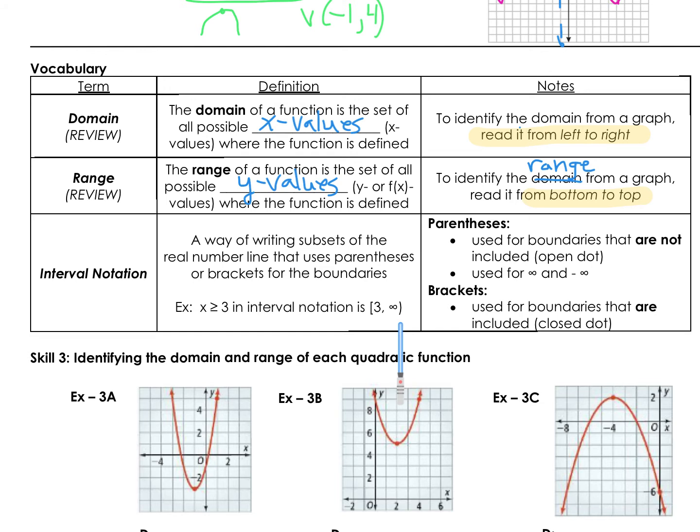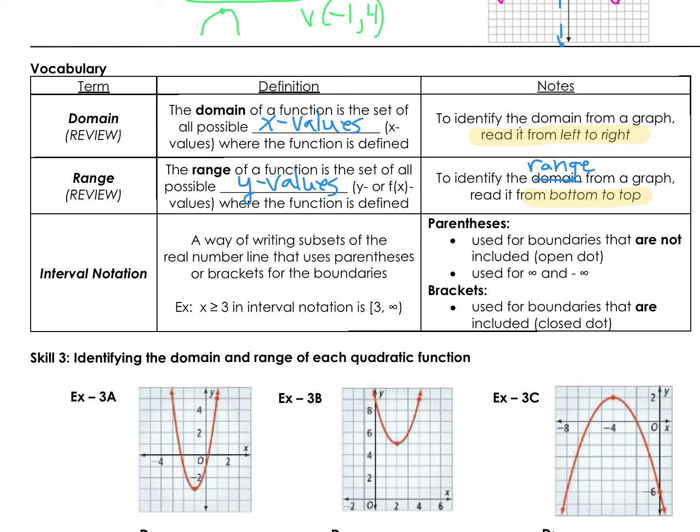We use parentheses for boundaries that are not included, like an open circle on the number line, and also for infinities, because we don't know what number those are. We use brackets for boundaries that are included, like a closed circle on the number line.